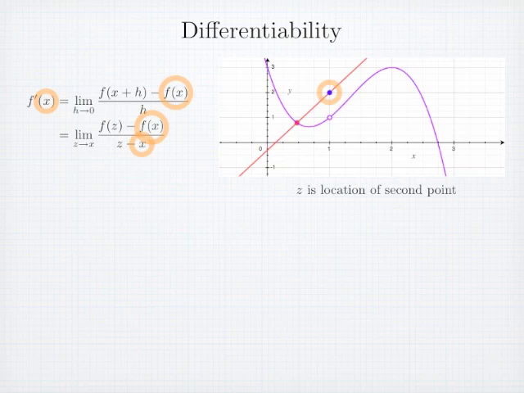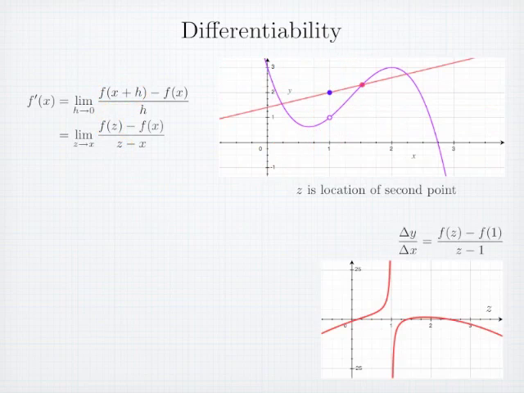When I calculate my derivative, I have 2 points. First, I consider my point of interest at x equals 1. That's where I'm calculating a derivative. The second point is the moving point, which I'm going to think of as z. This second point moves closer and closer to 1, and we want to calculate what happens to the slope of the line going from the red point at z to the fixed point, blue.